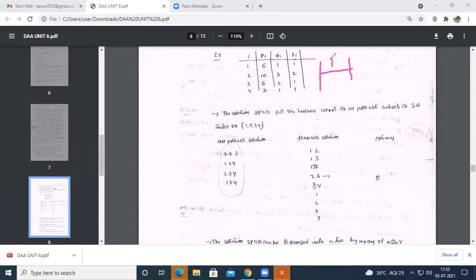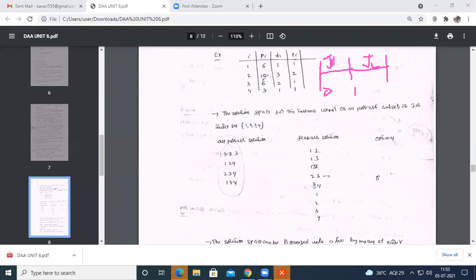So the first job J1 is executed from 0 to 1 second. The next deadline is 2, so the next job is executed from 1 to 2 seconds.